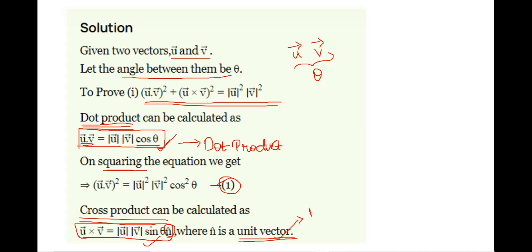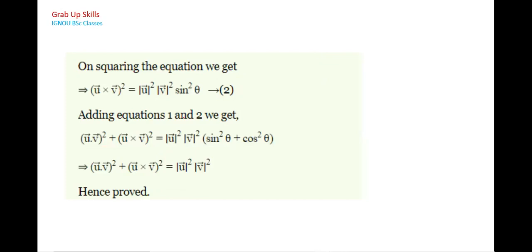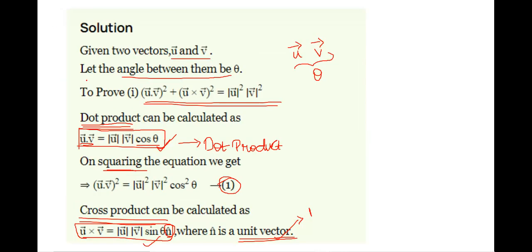So till now we have followed only 2 steps. In the first step we have calculated the dot product. In the second step we have calculated the cross product. So this is the cross product formula that we have. The same way we squared on both the sides for the dot product, we will follow it for the cross product formula also.